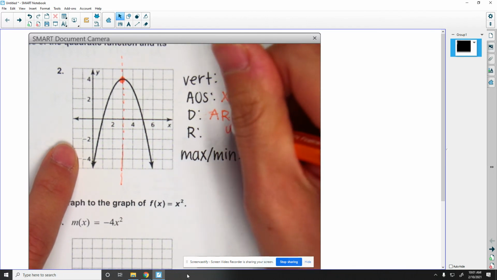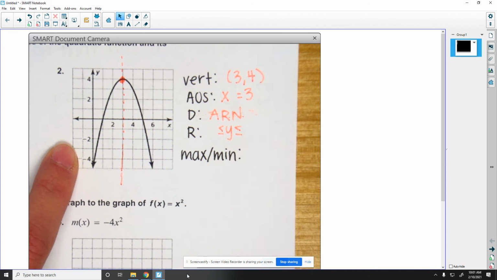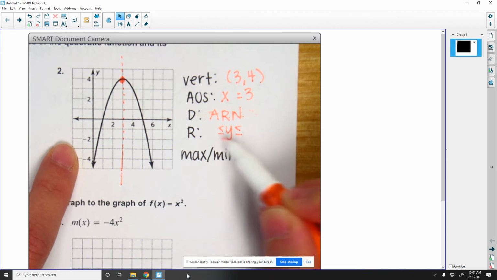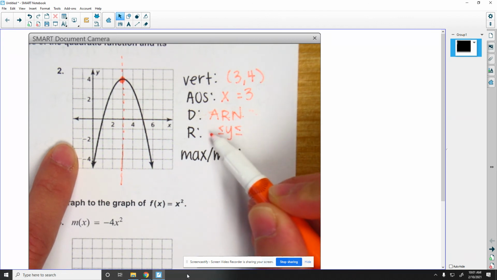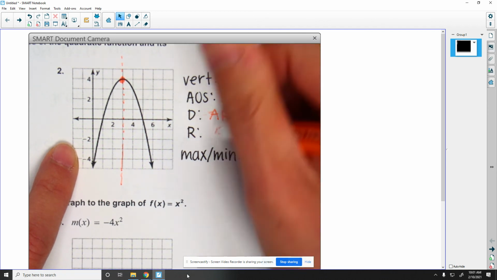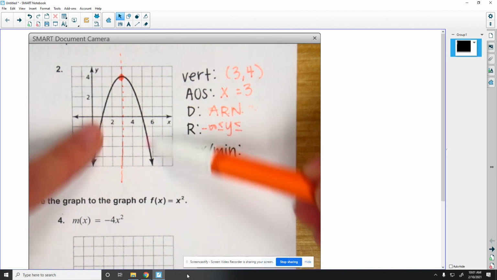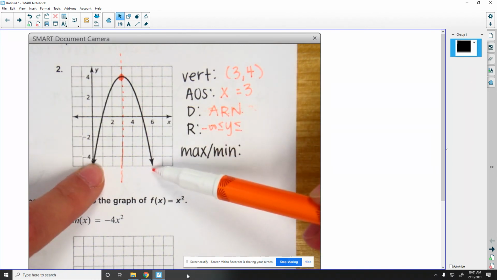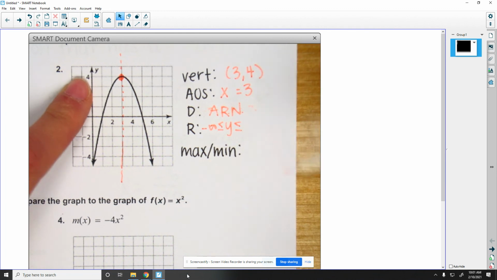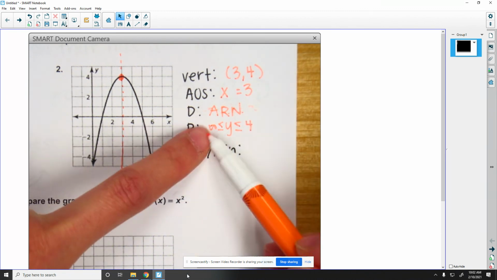Okay, so if I'm going to set it up like this, y and then my alligators to the right, what number would I write first? Negative infinity, right? Because y is up and down. So how far low do you go with the smallest number, negative infinity? How high do you go? Positive 4.